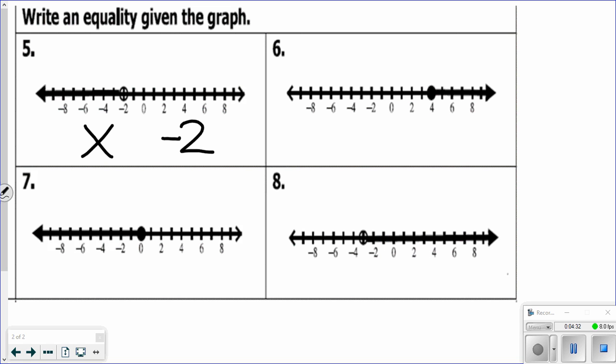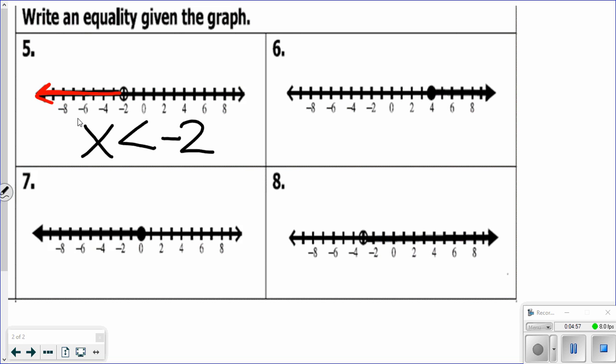And are we shading greater than -2 or less than -2? It's shaded this way towards the left, so that would be less than. So we need a less than symbol. And you should have a note sheet or a graphic organizer covering all the symbols, so you can always have that out next to you to help you if you need it.